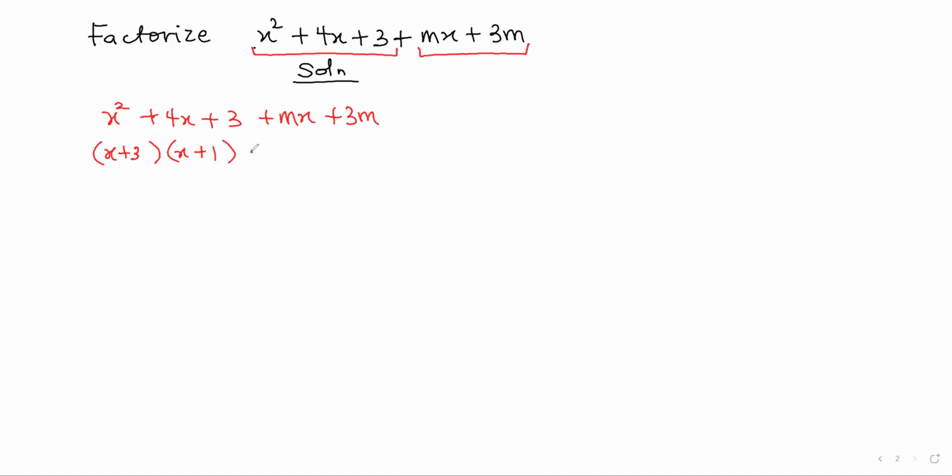Then, to factorize this, we see that m is common to both, so we pick m out. We are left with x plus 3. Now you see that the same x plus 3 is here. So what we need to do is to pick that x plus 3 out, we factor it out. Then we are left with x plus 1 plus m. Okay, and that's all.